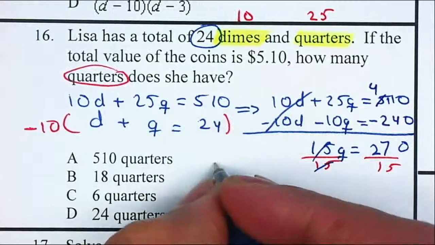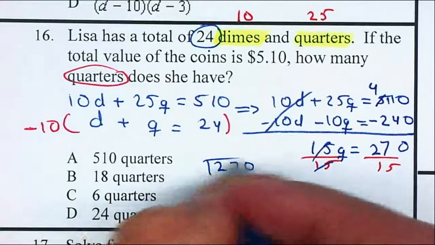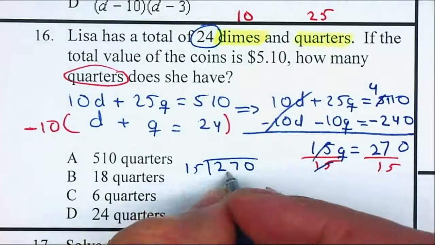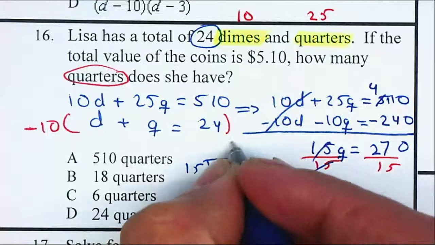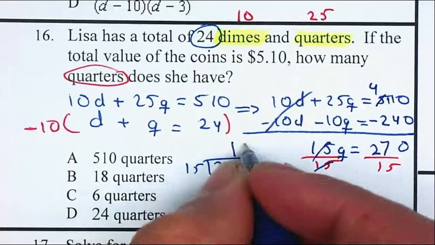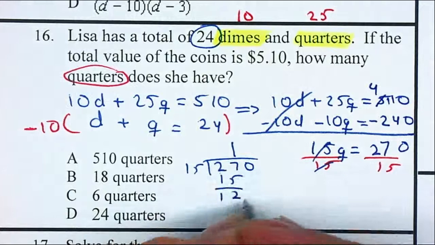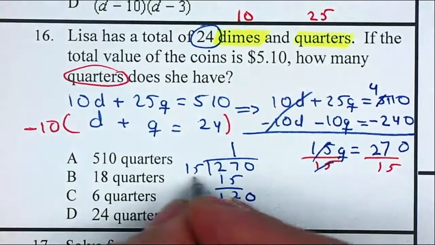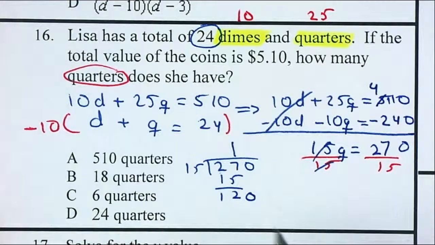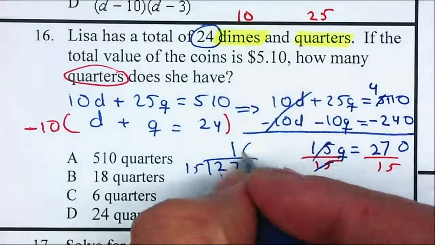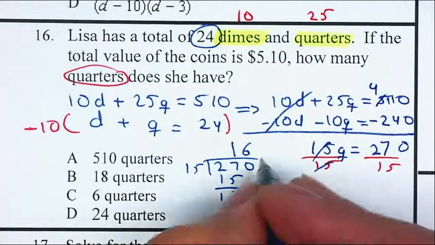So let me do the long division. 270 divided by 15. 15 goes into 27 once, because if it's twice, it will be 30. So 1 times 15 is 15. That gives me 12. Bring down the 0. 15 goes into 120. Let's try 6 times. You just have to give it a guess.